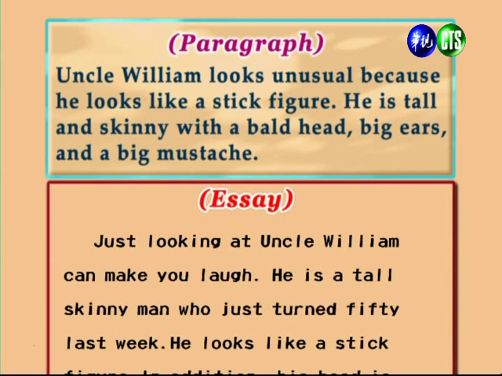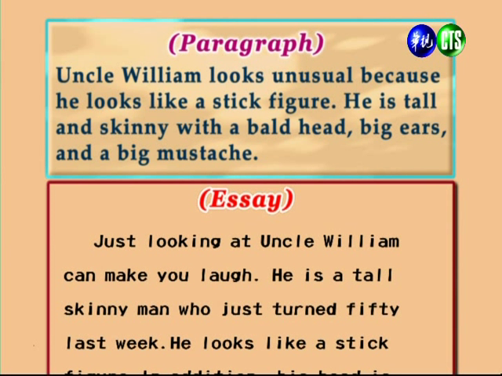And so we also start with a topic sentence that makes clear that Uncle William looks unusual, but in a humorous way, not some kind of negative or disfigured way. In the essay, each paragraph has more length and more room to describe the topic. The paragraph opens with a topic sentence pointing out that Uncle William is really unusual and funny, not negative.